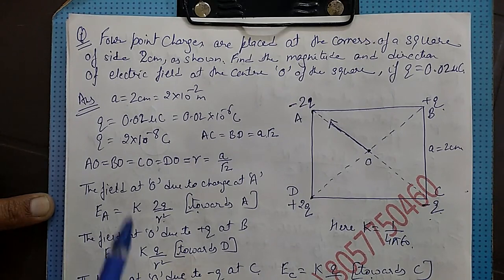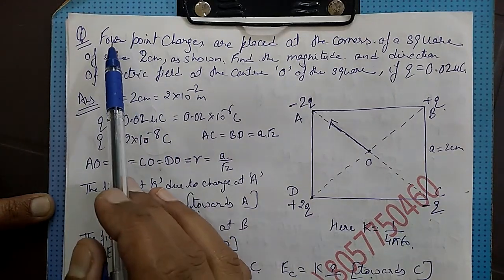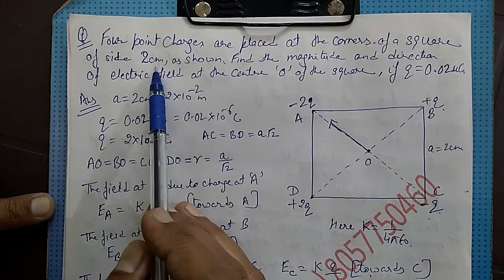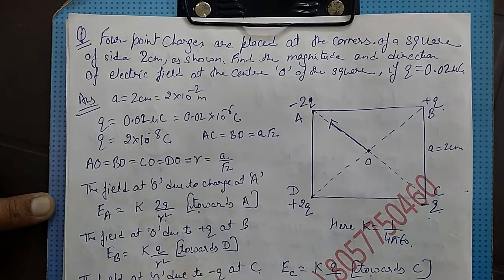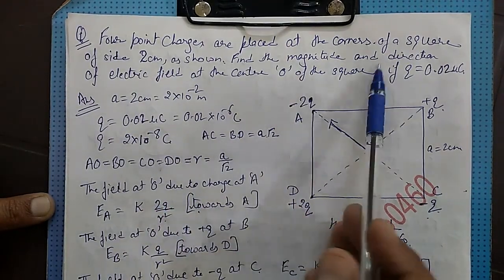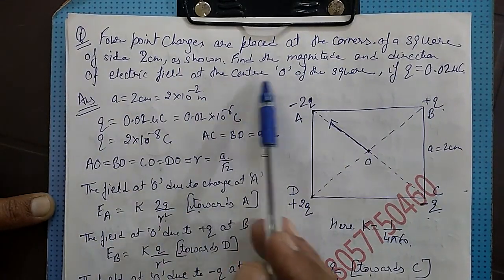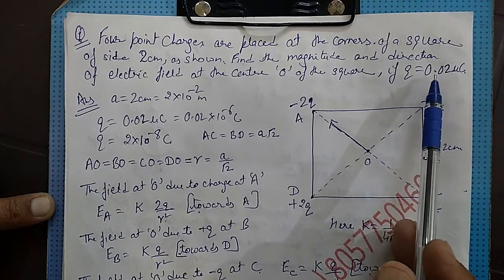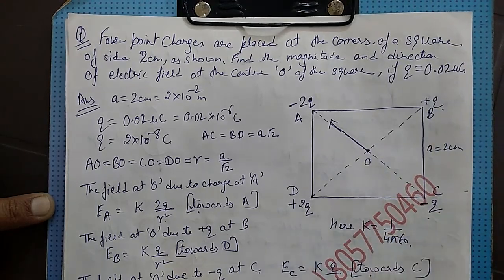Now another very important question. 4 point charges are placed at the corners of a square of side 2 centimeter as shown. The diagram is actually given to you. Find the magnitude and direction of electric field at the center O of the square. Here, small q is 0.02 microcoulomb.